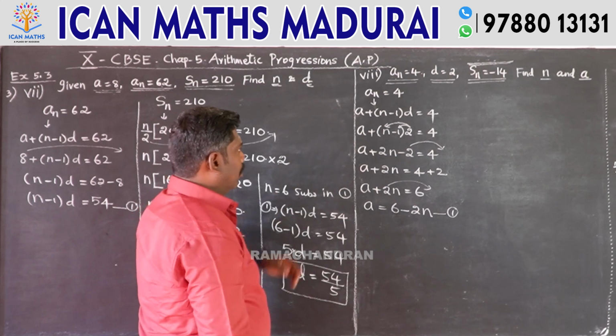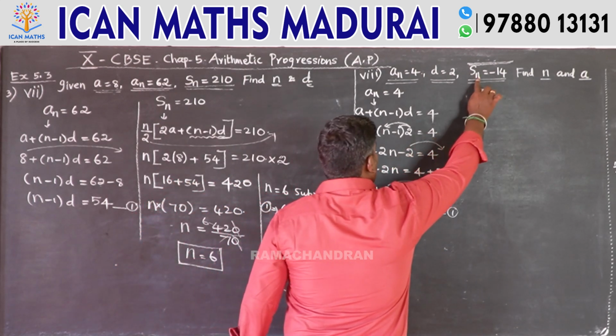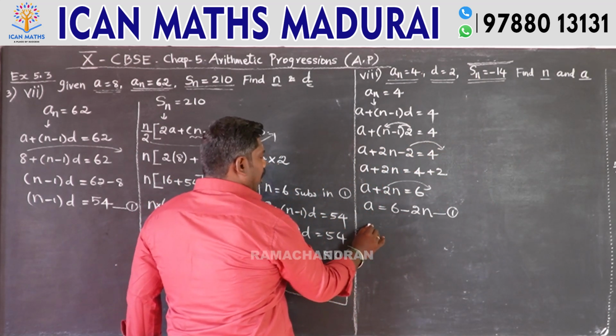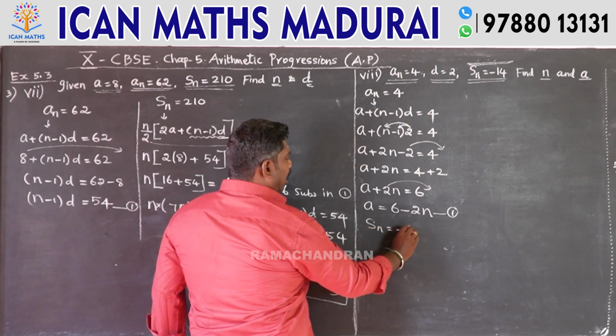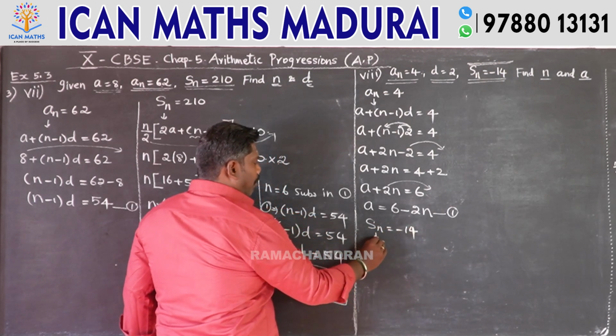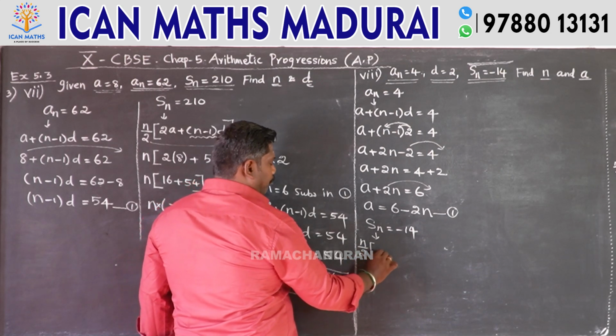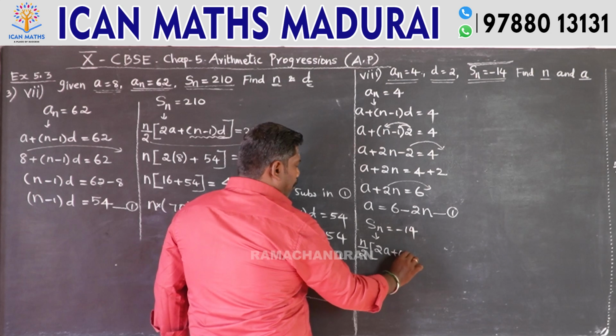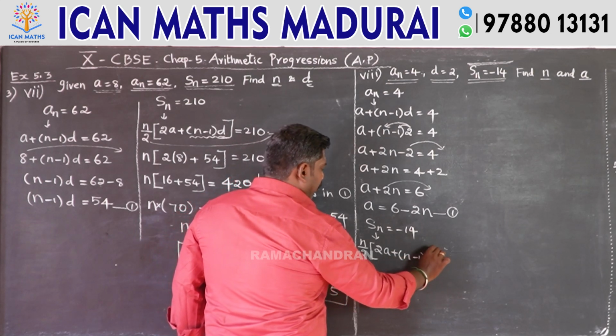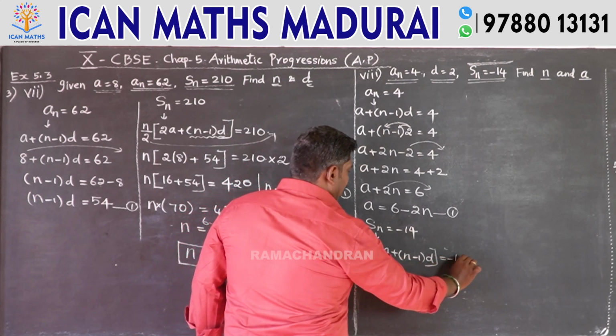Okay, next we have the sum of n terms, that is Sn is equal to minus 14. We know the formula to find the sum of n terms, that is n by 2 into (2a plus (n minus 1) into d) is equal to minus 14.